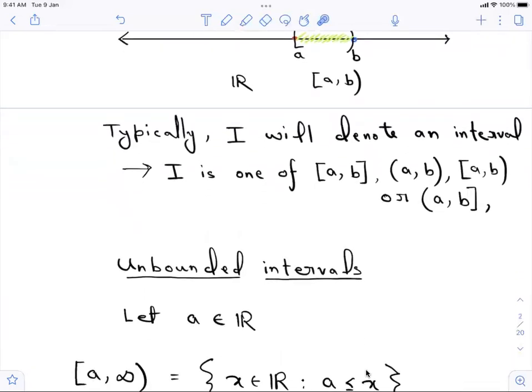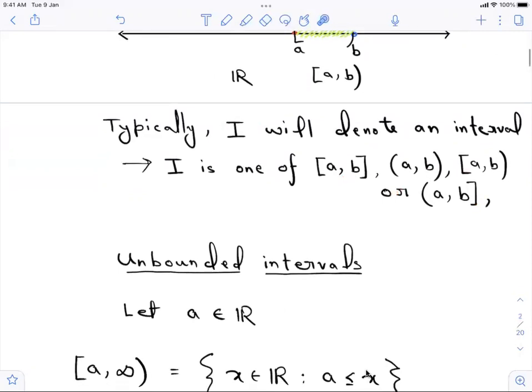The letter I is reserved to denote an interval, which could be one of these four types, depending on the context.